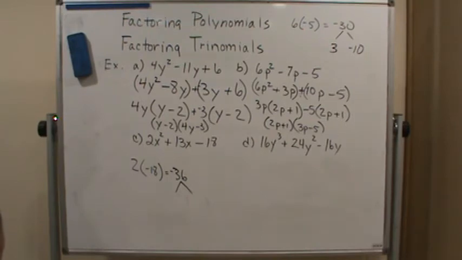So we got 1 and 36, that doesn't work. 2 and 18, that doesn't work. 3 and 12, that doesn't work. 4 and 9, that won't work. 6 and 6. Yeah, nope. That's it. So I don't think this is factorable.